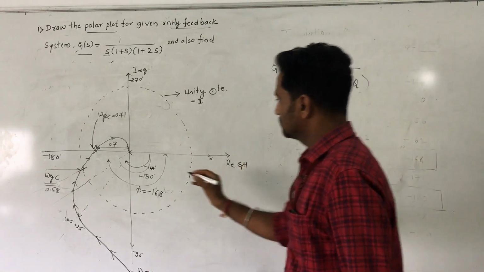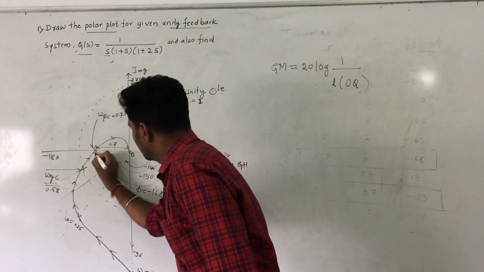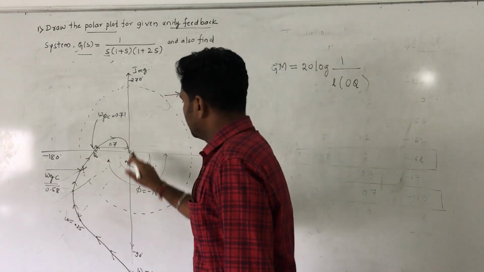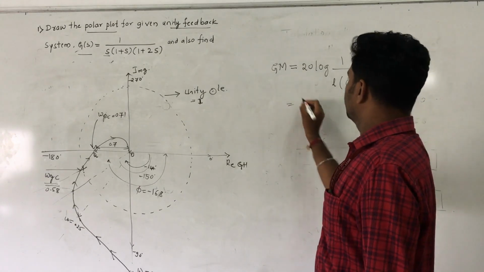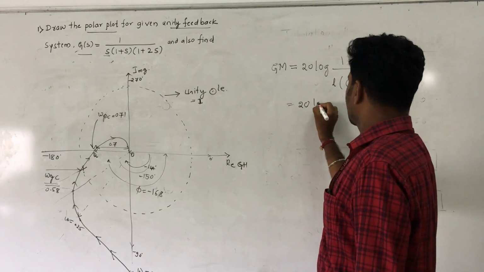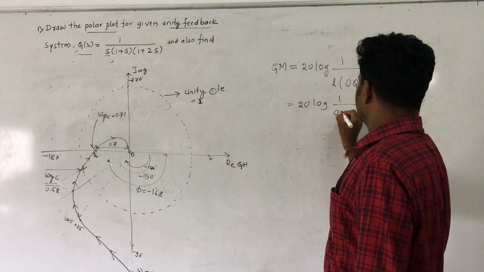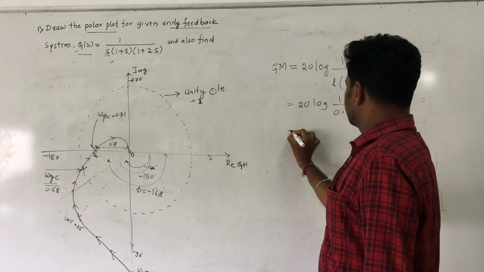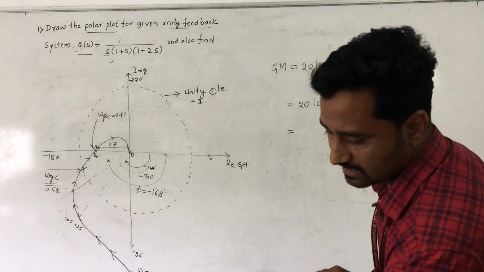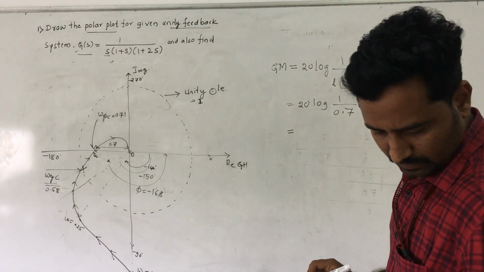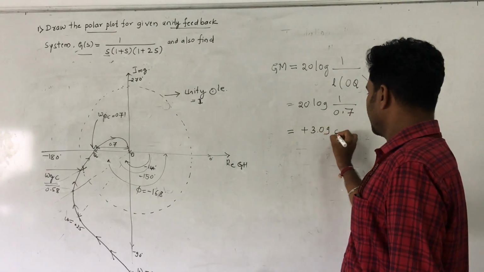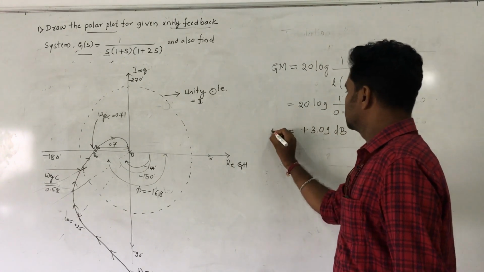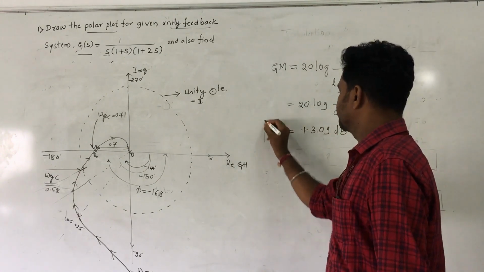Here O is the center and Q is this point. The length of OQ is 0.7, so GM is 20 log of 1 by 0.7. If I substitute this value, I get plus 3.09 decibels. This is the GM value.